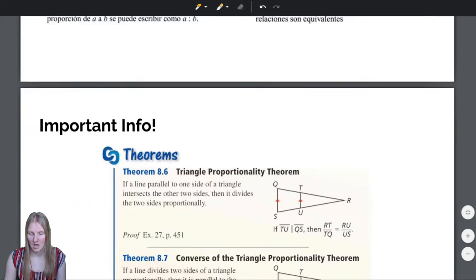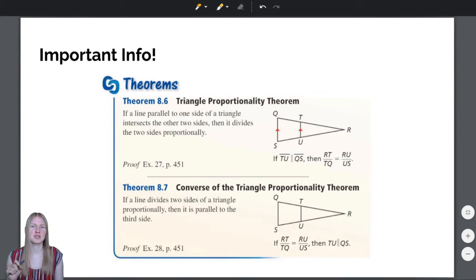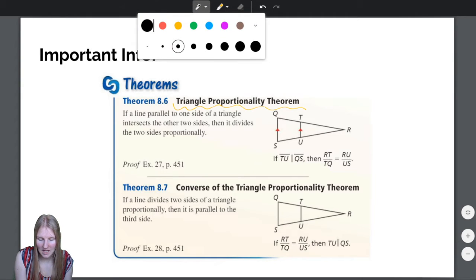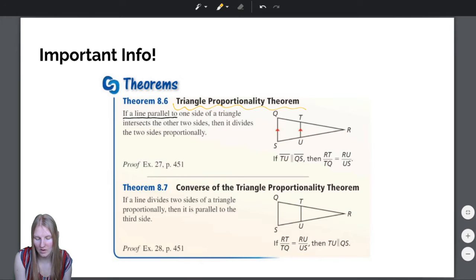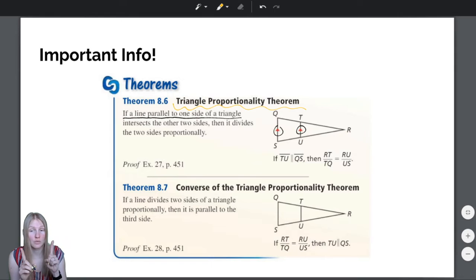Okay. Now let's jump into the theorems, the meat of today. The triangle proportionality theorem says, if a line parallel to one side of a triangle. So in this diagram, they're talking about TU. TU is parallel, that's what those red arrows mean.